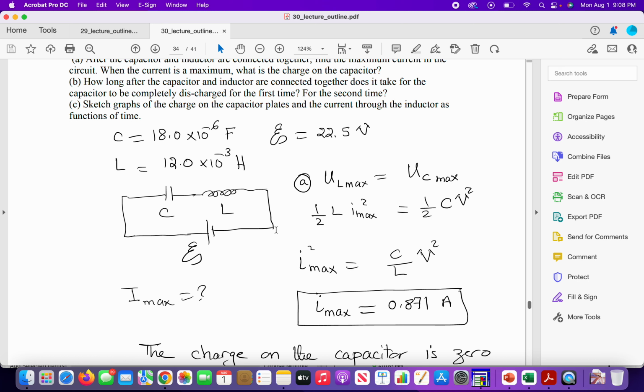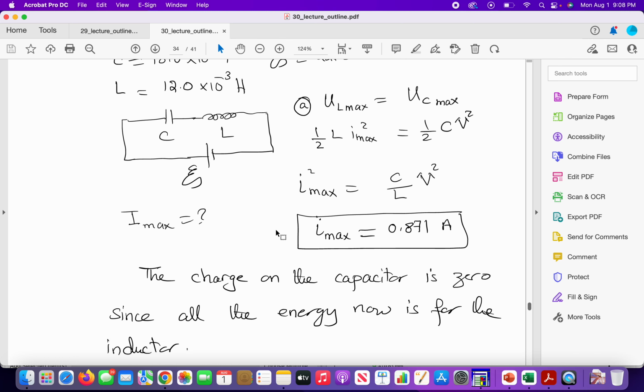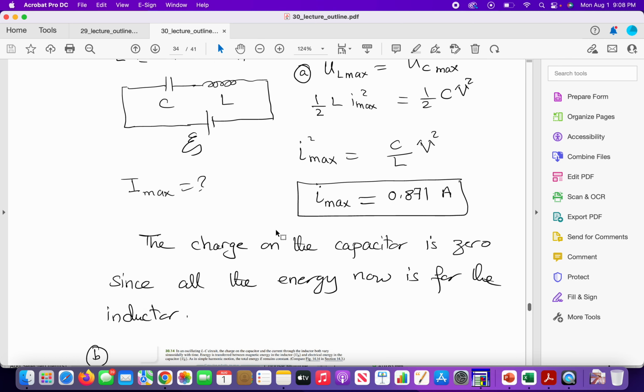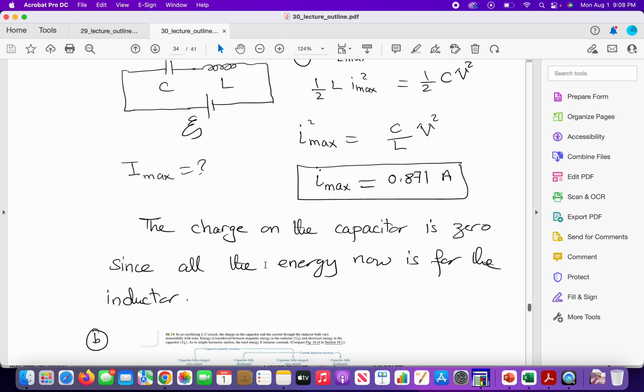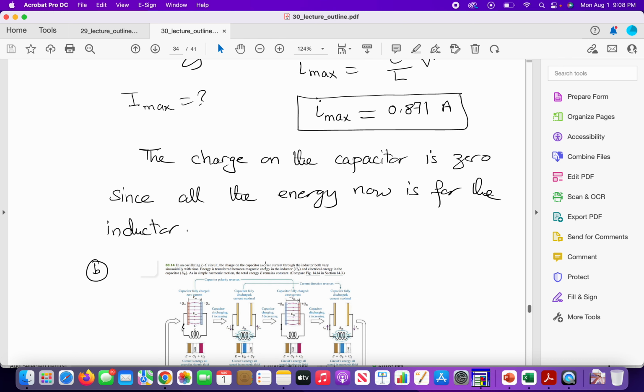Then I maximum can be calculated as the square root of C over L times V. Based on the values, I maximum is 0.871 amperes. The charge on the capacitor is 0 since all the energy is now in the inductor.